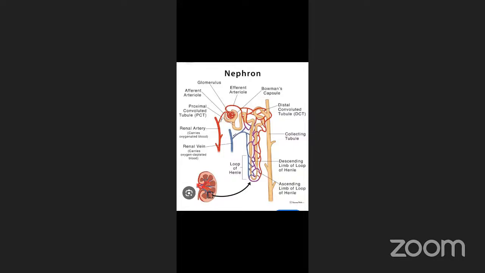So how do you put that statement? The cells lining the tubule have numerous mitochondria. You will not say that the tubule has or contains a lot of mitochondria. Please get it clearly. That's how some of you fail.